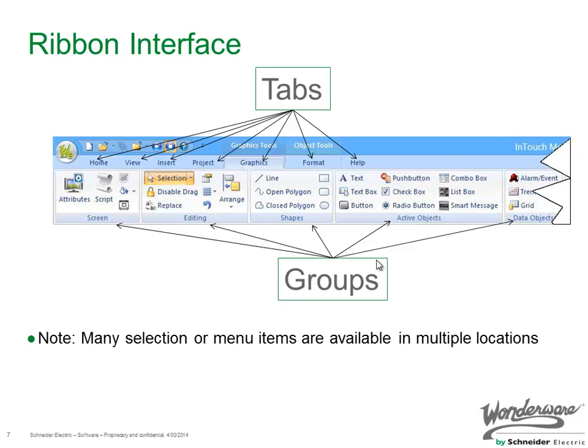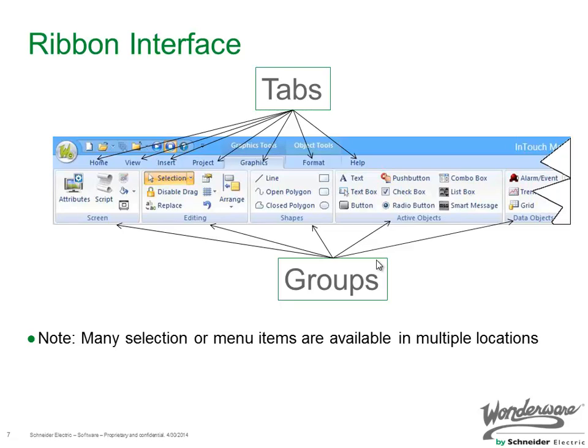Another thing that you're going to need to know and understand is the ribbon interface. This has been a common interface in a lot of Microsoft products. I think Microsoft Word, maybe, or Office 2007 in general, was really the first to introduce the ribbon interface. And we've taken advantage of this standard. But I wanted to point out that across the top, you're going to see these various tabs.